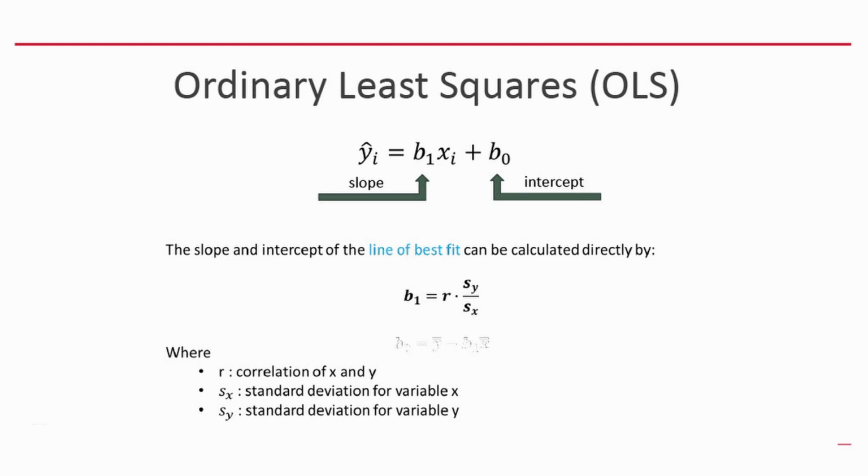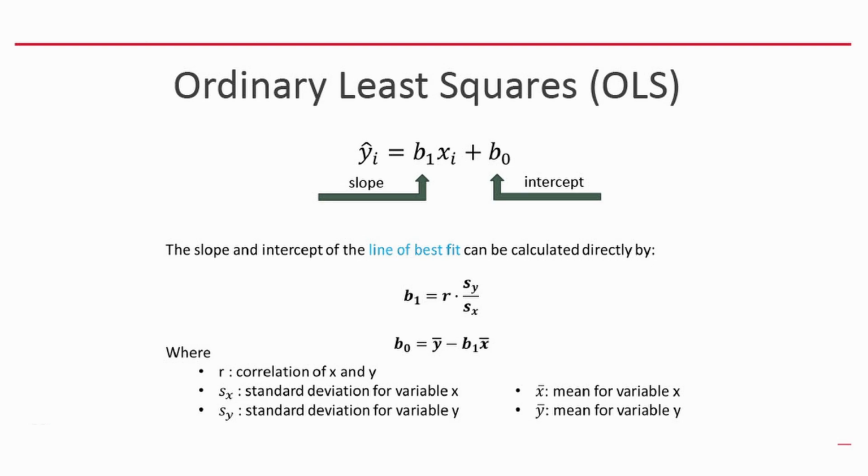It determines whether the line is very steep or very flat. Now, if you think about the numbers that go into this, it's determined by the correlation coefficient, the strength and the direction of the relationship between x and y. So the strength and direction will determine the slope of the line, which kind of makes intuitive sense. And what also plays into here is the spread of x and the spread of y measured by standard deviation.